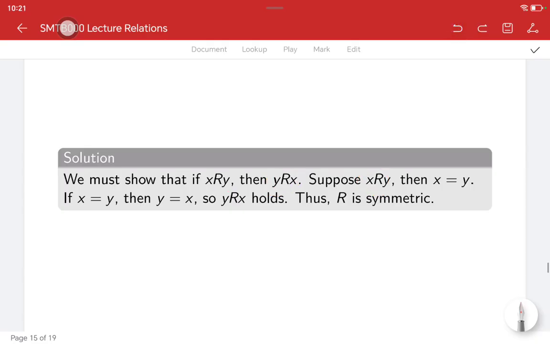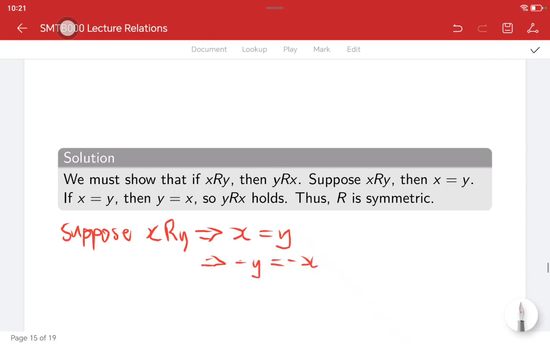So let's do this. We suppose that X is related to Y. And for X to be related to Y, the definition says that when X is related to Y, X is equal to Y. You see right now? And from here, I take them to the other side.